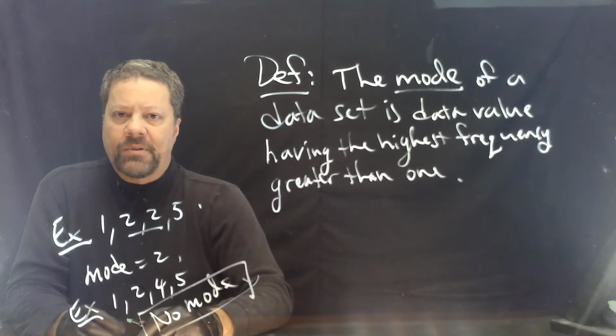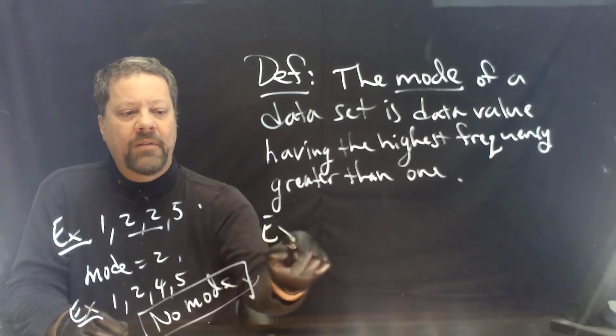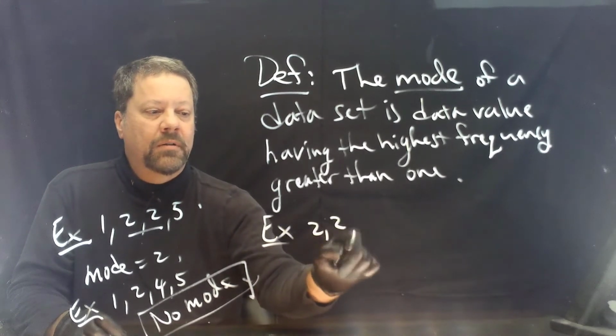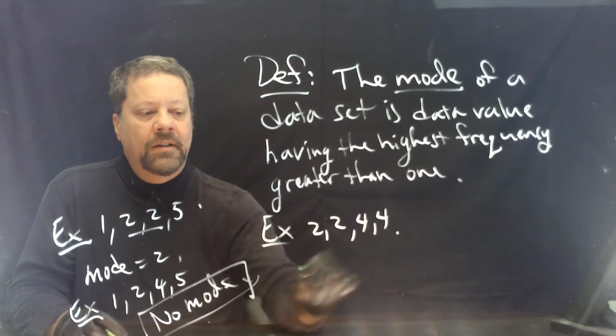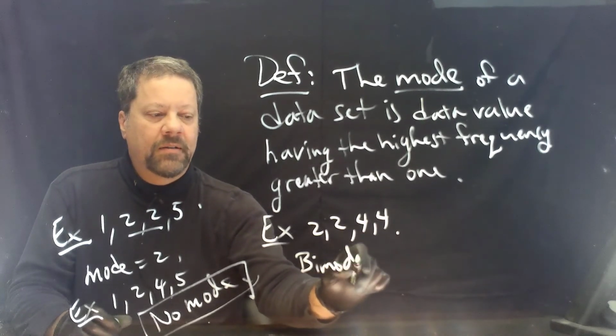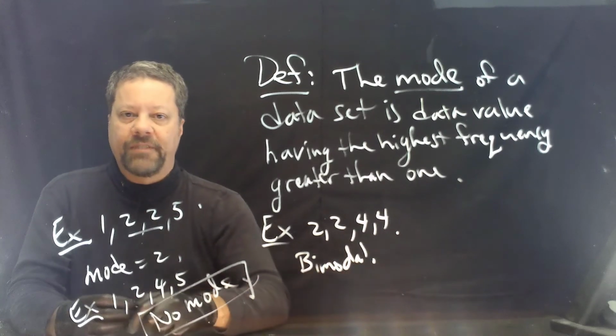It is possible to have more than one mode, in which case we say that the data is bimodal. This is bimodal or multimodal if you have several different data values with the same frequency. Another measure of center besides the usual mean, median, and mode is the mid-range.